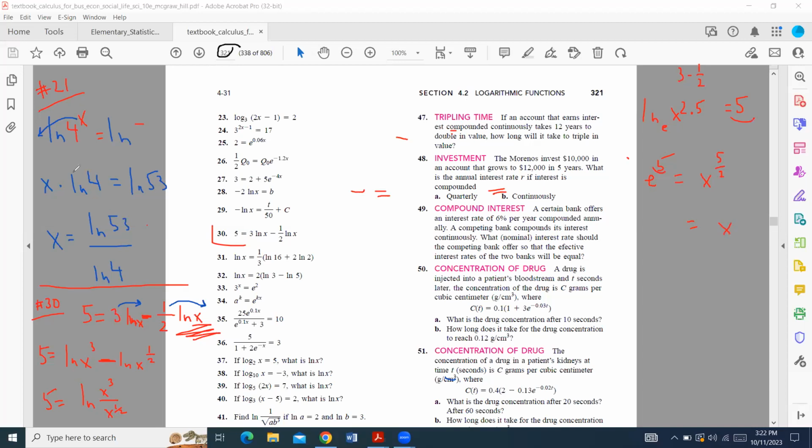Well, the power needs to be 1. So how do I get a power of 1? Well, I can raise it to the power of 2/5. 5/2, 2/5, when they multiply, 5 and 5 will cancel, and 2 and 2 will cancel. So I need to raise both sides to the power of 2/5. And then this way, 5 and 5 will cancel, so it'll be just e squared.